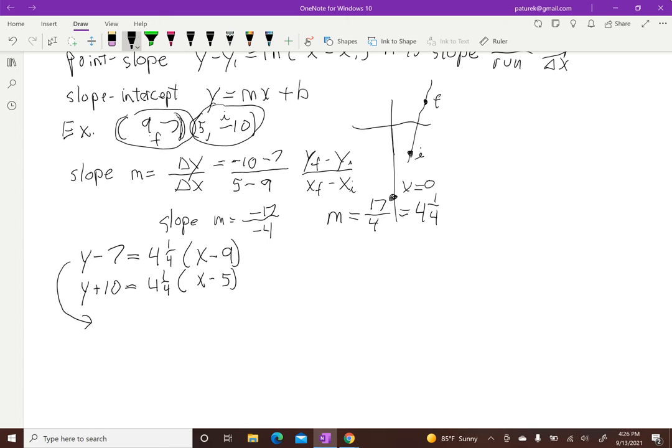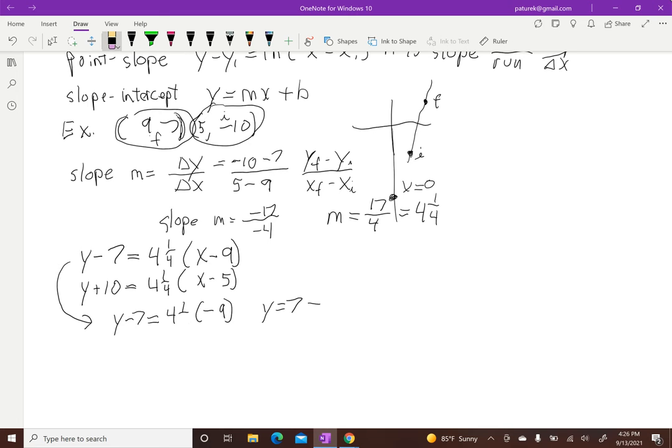So when x is equal to 0, this becomes y minus 7 is equal to 4 1/4 times 0 minus 9. So I just put minus 9 in parentheses. Solving for y, I'm going to add 7 to both sides. So y is equal to 7 plus, well, actually minus 4 1/4.